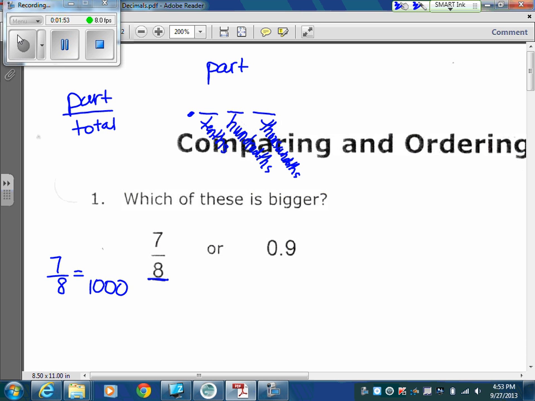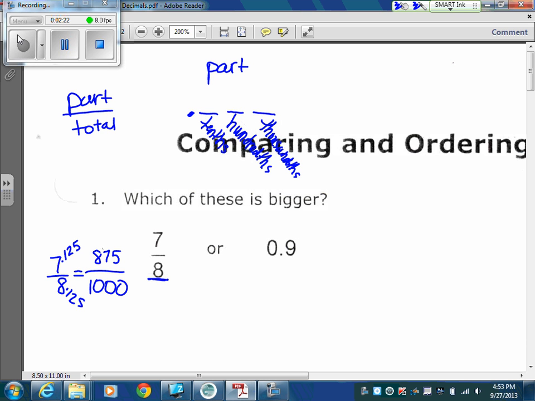So unless you know that 8 times 125 is 1,000, then it may take you a little while to get there, and we want to make this as quick as possible for you so you can just convert them and then move on. So with the bottom number being times 125 and the top number being times 125, that would make my top number 875.